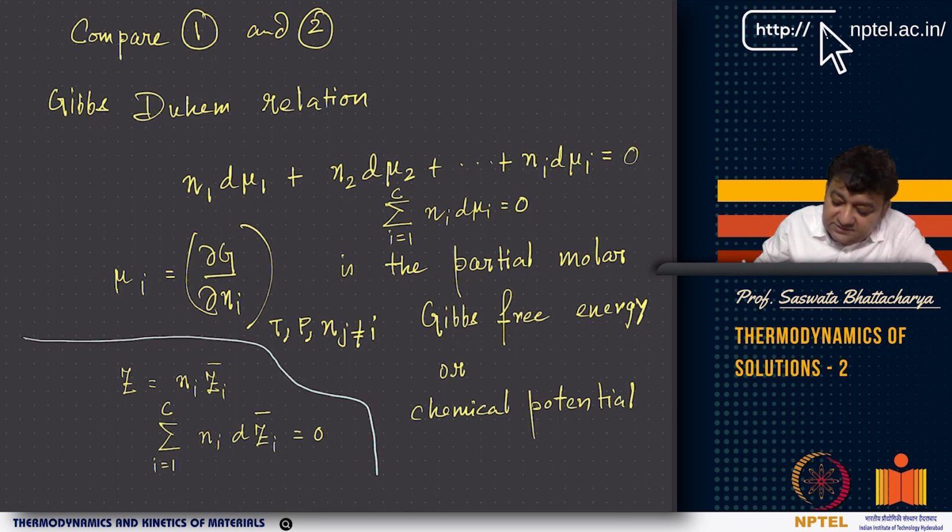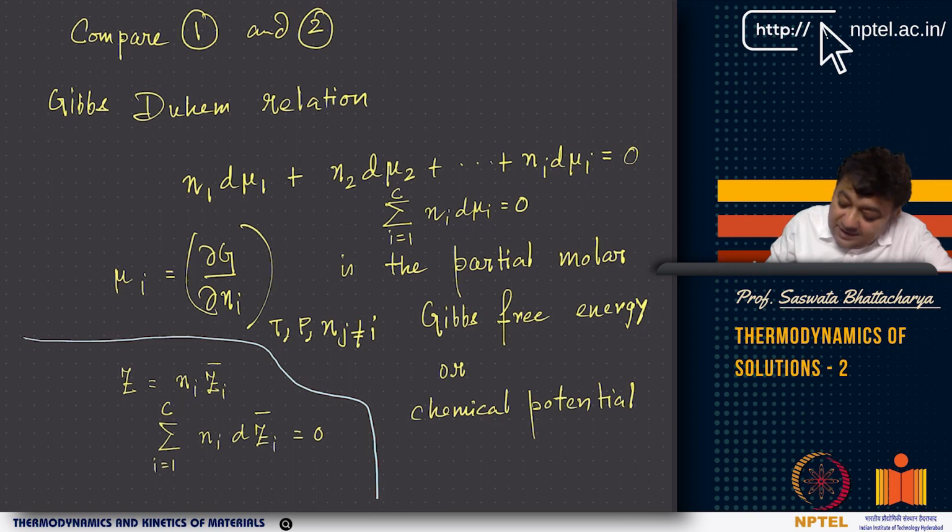So these are the relations that we know for any property, any harmonic property Z. If you have any property Z, you can write it as Ni Zi bar, and then this is the Gibbs-Duhem condition or Gibbs-Duhem equation.